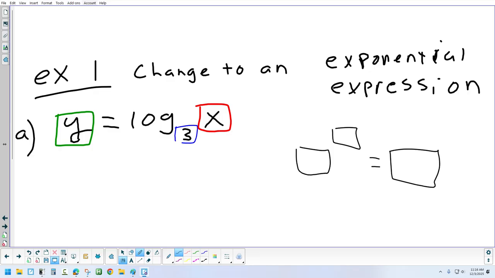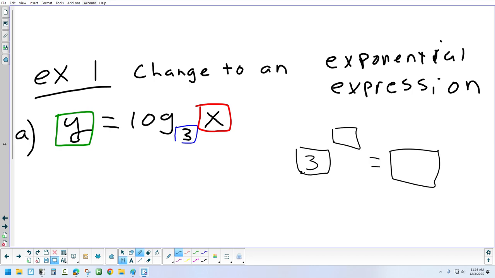Those boxes are exponential form. You just have to figure out, let's start with this box. What do we call the box that's lower than this box? This is the base. What is your base in that problem? 3. So the base is going to be 3.